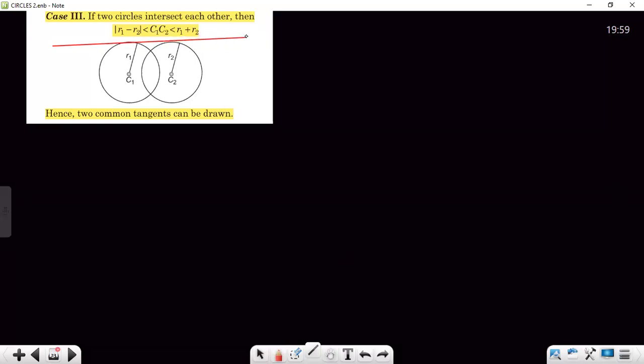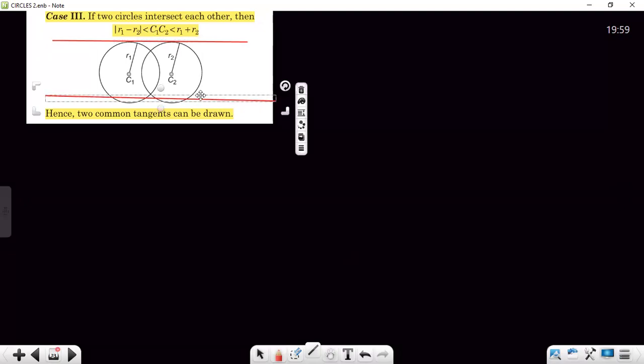This is one common tangent. This is one common tangent. And the other common tangent can be drawn here. So these two common tangents can be drawn when circles are intersecting in this way.